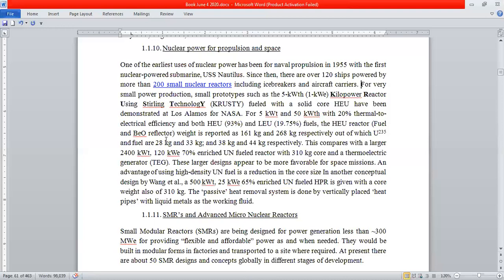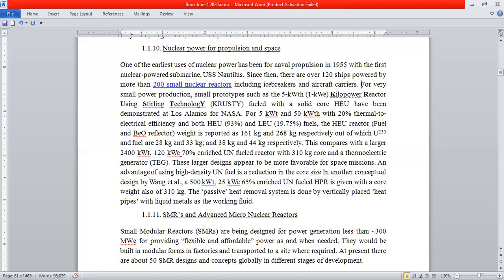So that's 28 kg U235, 33 kg total uranium, and 38 kg U235 and 44 kg for the 50 kilowatt design. Now this compares, if you want to compare with a larger reactor, with a design of 2400 kilowatt thermal, out of which you can get 120 kilowatt electric.